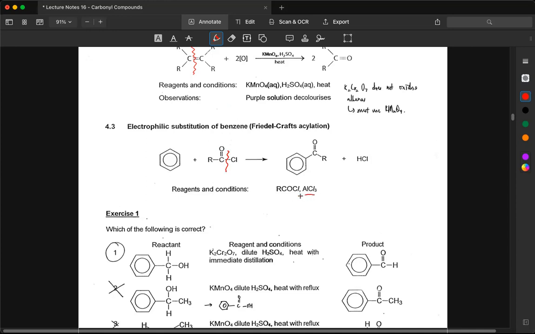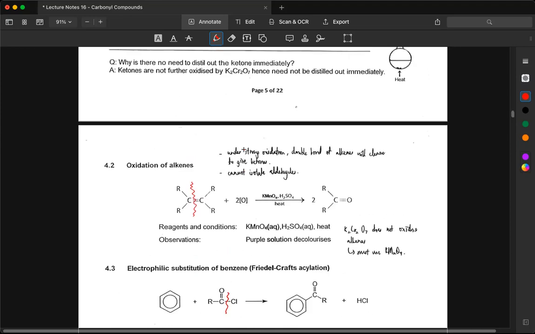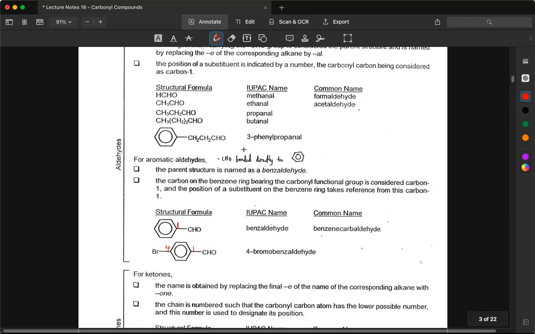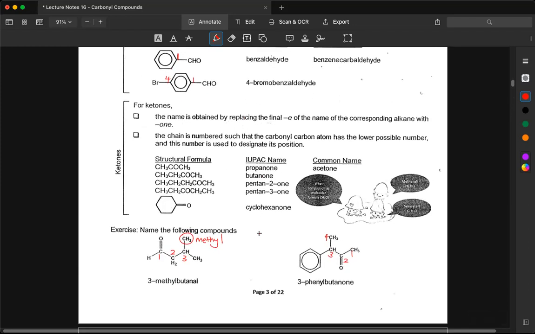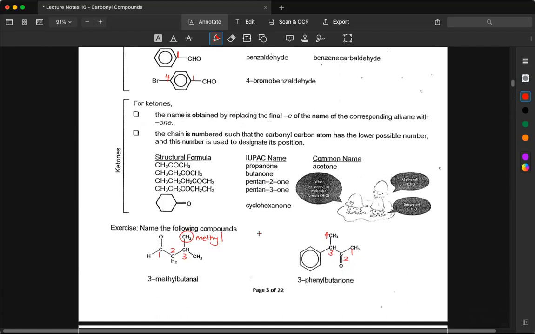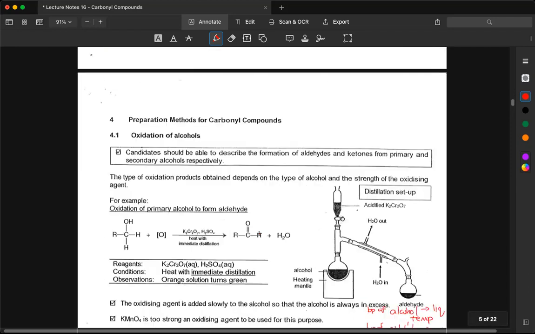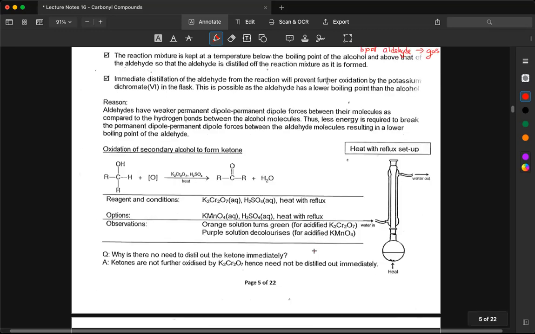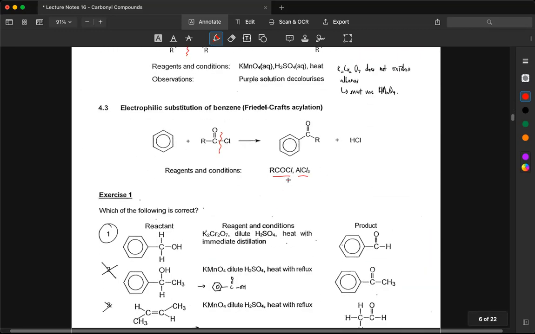And this is the reagent and conditions for the reaction. For this one, the name depends on what is here. If it's only CH3, that means only 2, it is 2-phenylethanone. Yeah, that's how we name it.